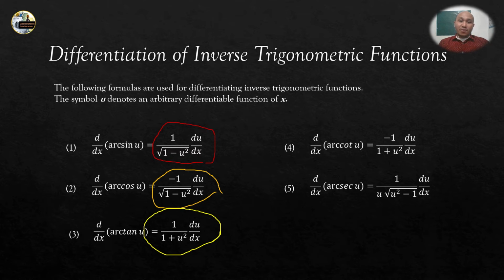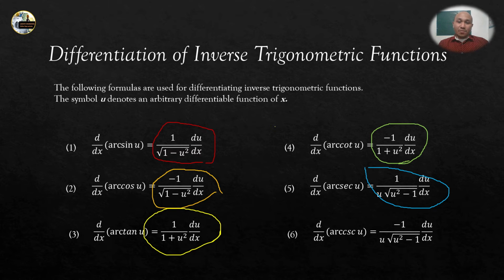Formula number 4: d over dx of arc cotangent u is equal to negative 1 over 1 plus u squared, times du over dx. And formula number 5: d of arc secant u equals 1 over u times the square root of u squared minus 1, times du over dx.